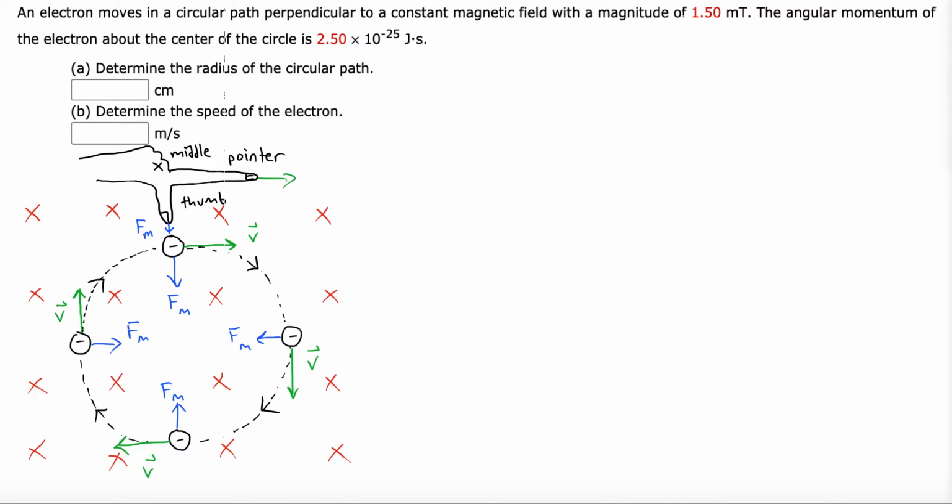All right, now they give an angular momentum. So from Physics 1, there's a formula for that. L equals R cross P, where L is the angular momentum, R is going to be the radius, and P would be the linear momentum.